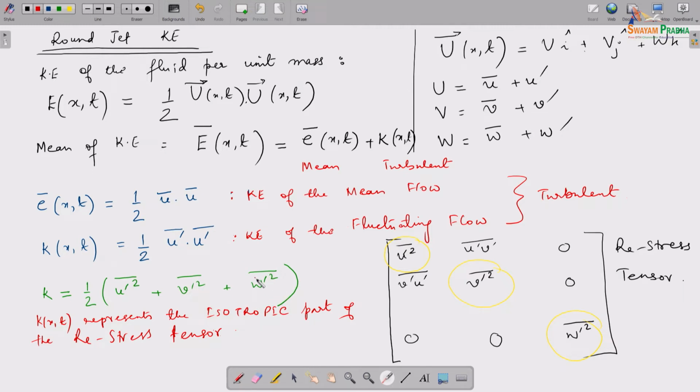So I guess we're saying that this is equal to 1/3 of that. So in that case, how should I write this? 1/3 of that. So this is my Reynolds stress. I'm going to write this as 2/3.